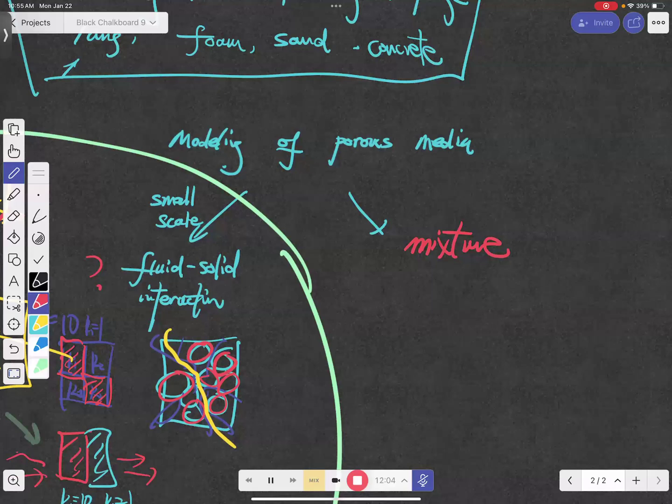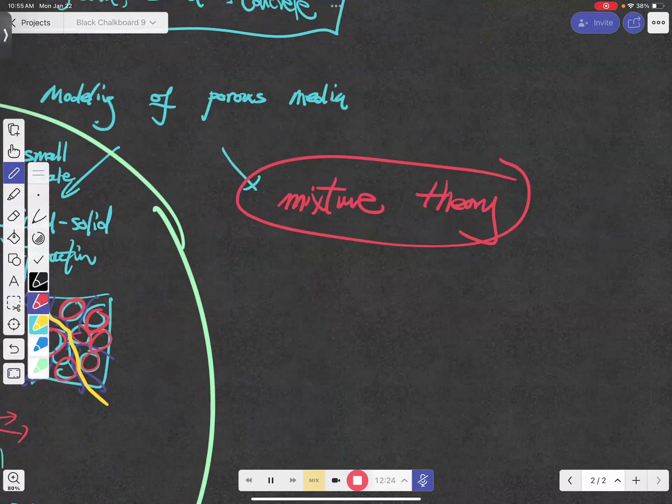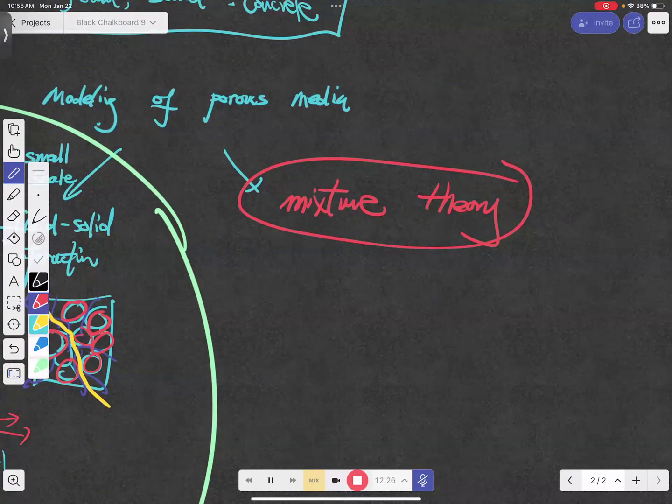So another way to model the porous media is kind of like the milk. We do not explicitly model the solid and fluid, but we model it as some kind of mixture. Does that make sense? This is called mixture theory, and this is the focus of this course, which makes it a little bit easier and connects to solid mechanics.